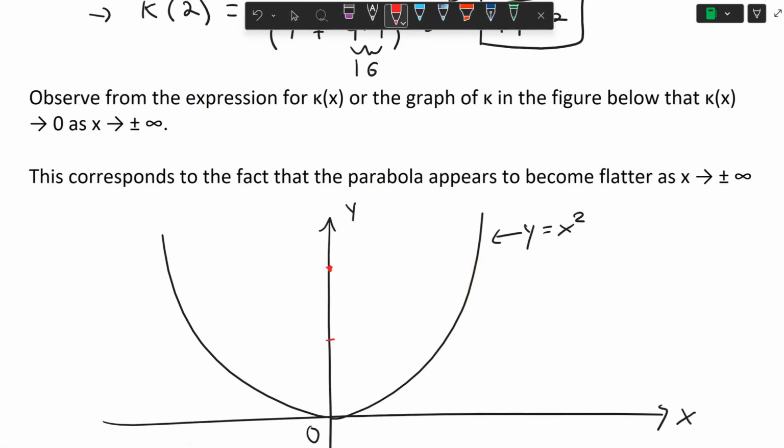It goes something like that, but it's actually a bit more smooth. I'll just draw it like this. And this is at 2, and this is our kappa of x, like that.